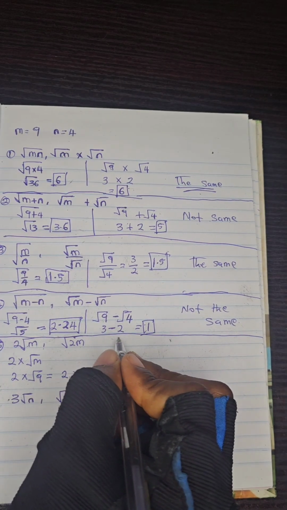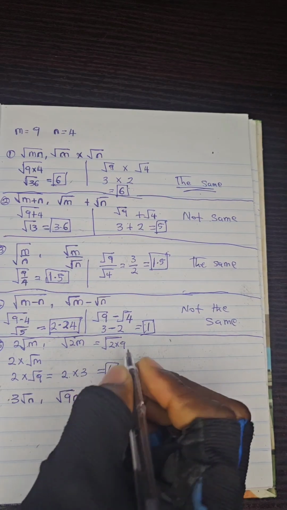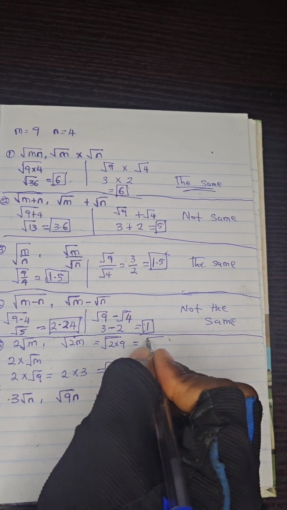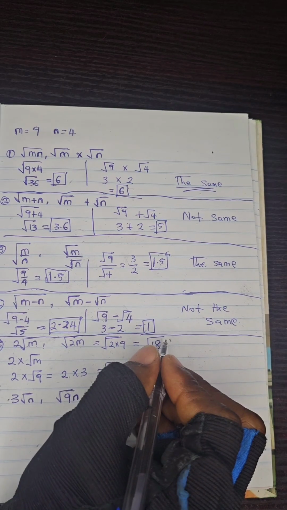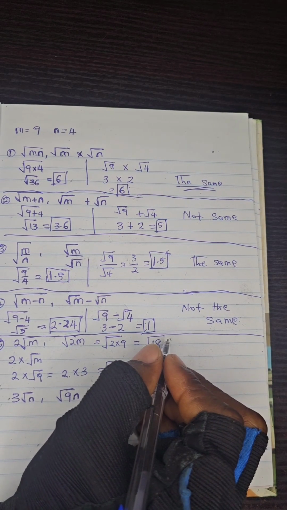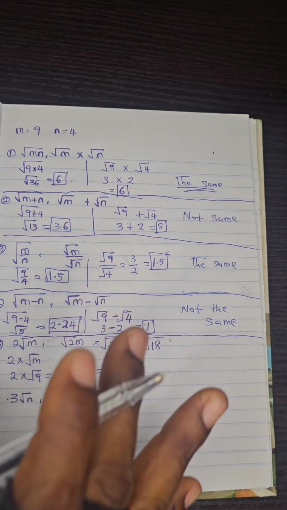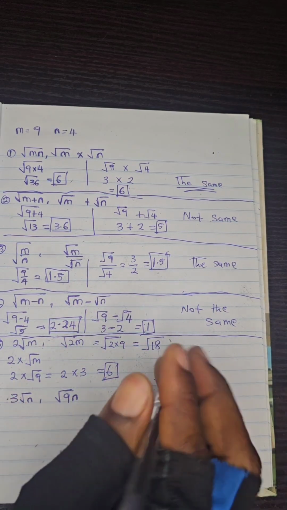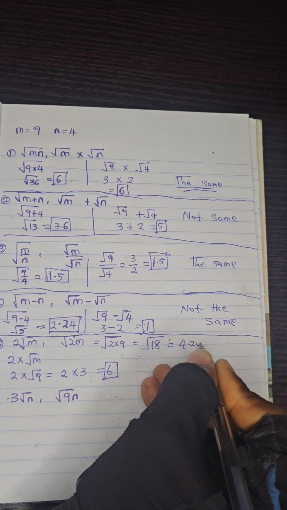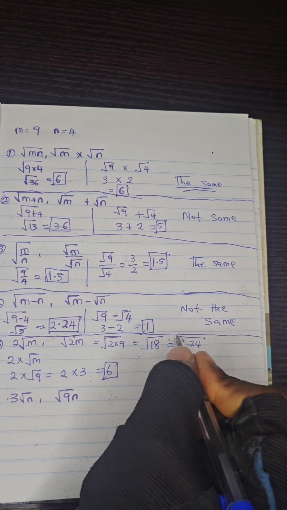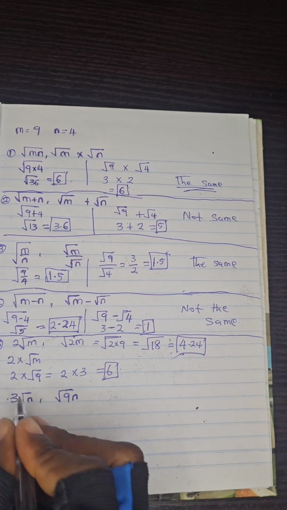While on the other hand, we have inside the square root 2 times 9, which will give us square root of 18. We just have to use a calculator to solve this because this is not the main target of this class. So the answer is 4.24. So as you can see, this and this are not the same.